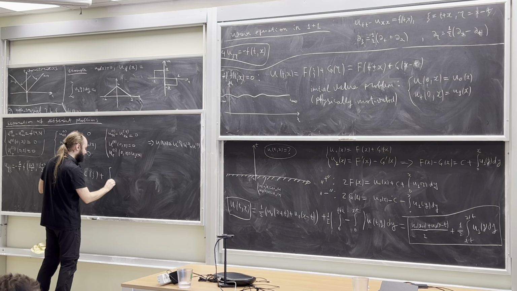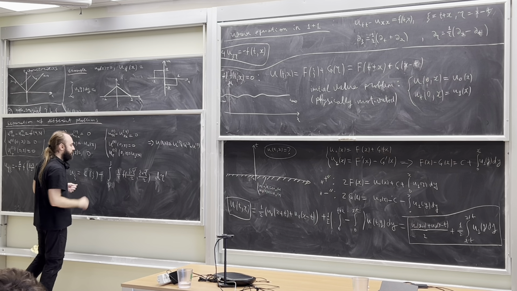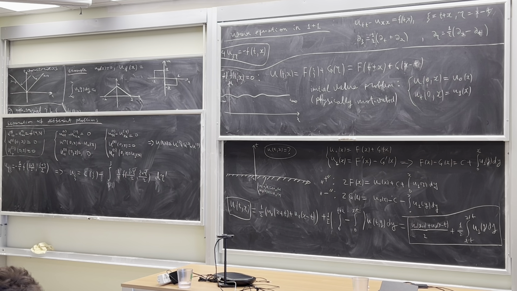Let us use a different name, eta prime. So we just integrated this once with respect to eta. And then we can integrate this result of integration.